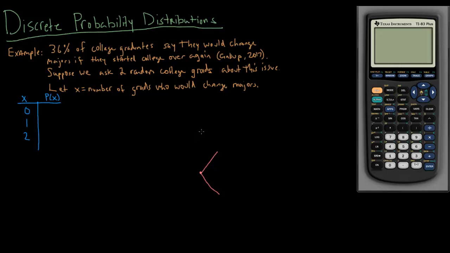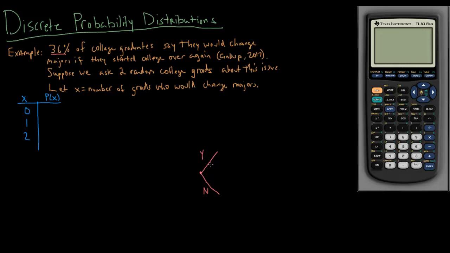Now let's say Y for yes and N for no. So when I first ask the first person, they can either say yes or no. Now, what's the probability of somebody saying yes, they would change their major? Well, it's 36%.